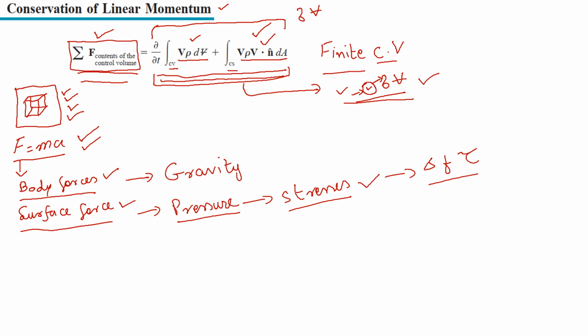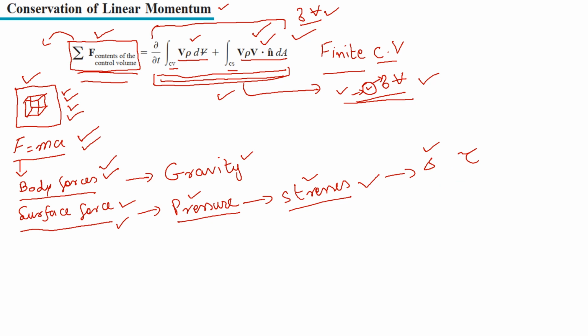We will take the same right hand side and apply it for a small infinitesimal control volume. This right hand side will not change, but the left hand side will change, and we will further classify it. These are the summation of forces into body forces and surface forces. We will take our body force as gravity because it acts as a whole on this body, and surface forces as pressure, and due to pressure the stresses that are generated, because surface forces arise when the fluid comes in contact with another surface.